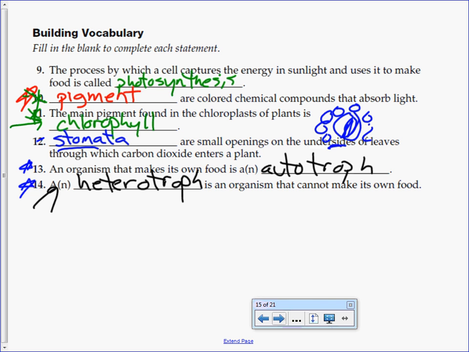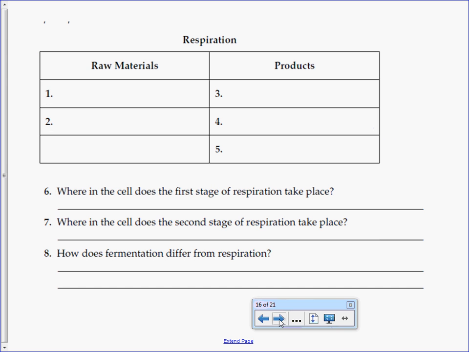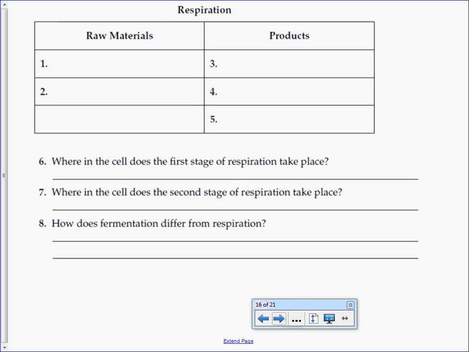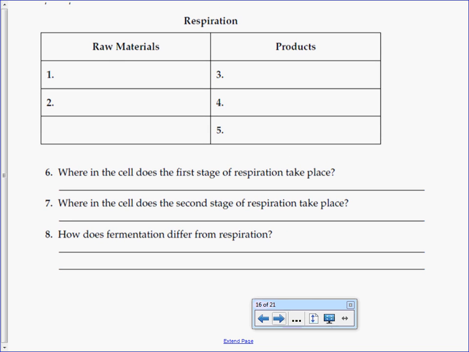Okay. All right. Then fermentation, and again, we talked about this, respiration. We talked about this a little bit yesterday. Respiration, this is going to be a very similar question to what was on the other side. What are the raw materials of respiration? Let's get somebody different to answer my questions here.